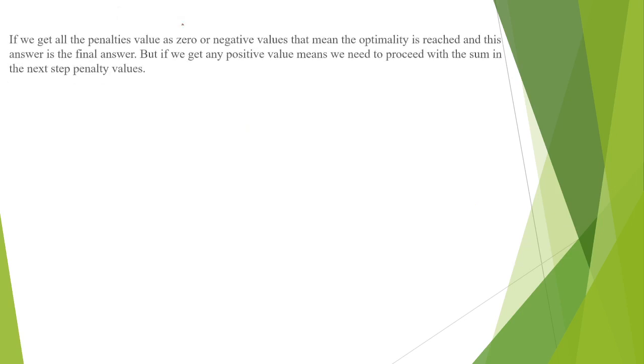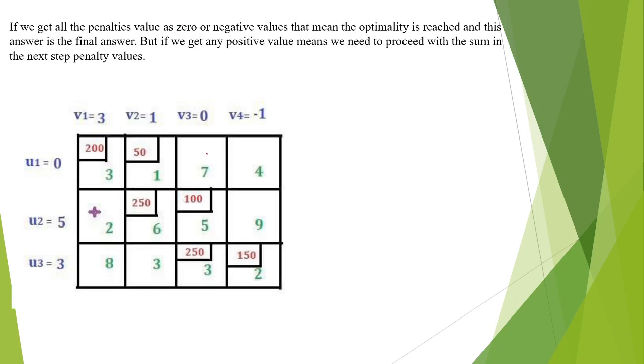So for that, what we have to do is put this cell into the solution, so we will draw a loop. We start from this newly allocated cell, marked plus, and then we can move along, and there is a 90-degree turn only at an allocated cell.